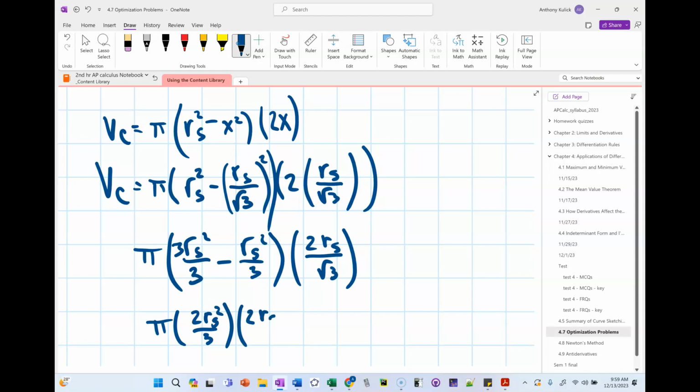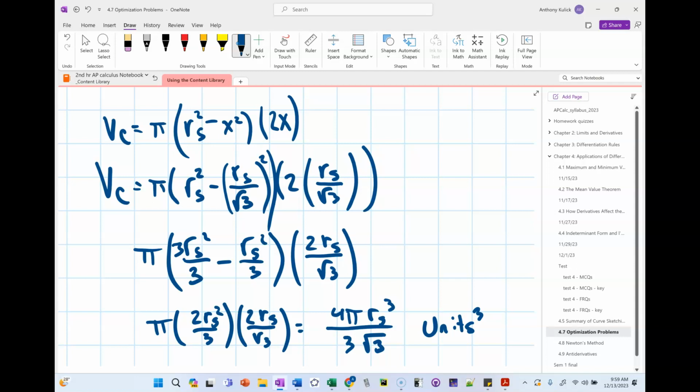And I have times 2rs over root 3. So that's going to be 4 pi rs cubed over 3 root 3. Whatever these are, units cubed. Does that feel okay?